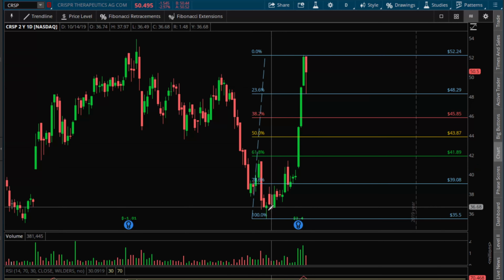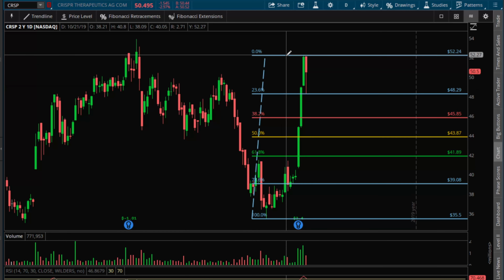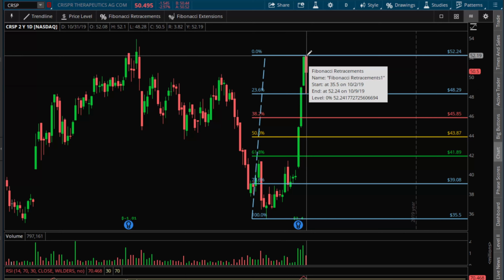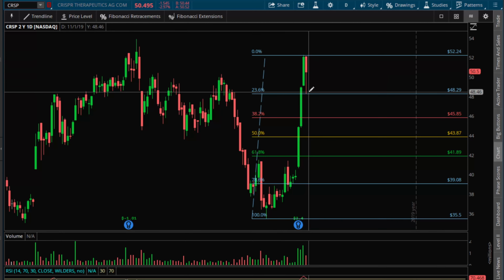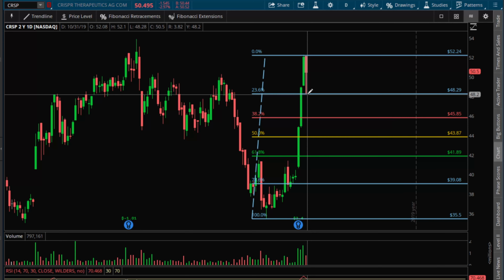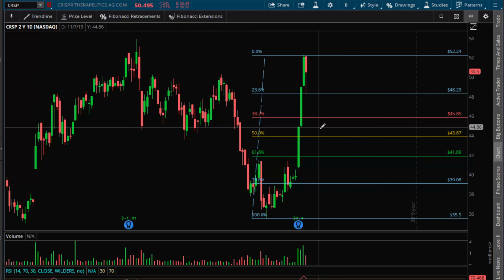In this scenario, I've dragged it all the way to the top of this big move just to show you that the retracement off of this was 23.6. And it definitely found support and rejected off that level to the upside pretty significantly.